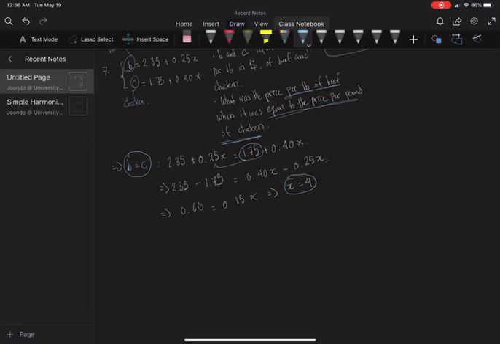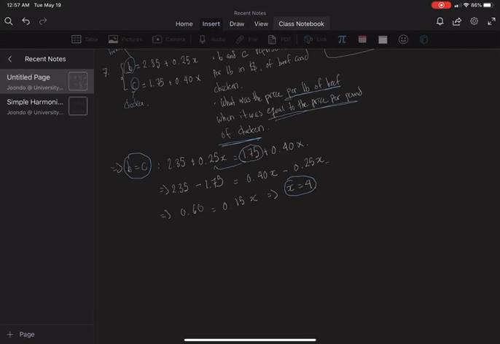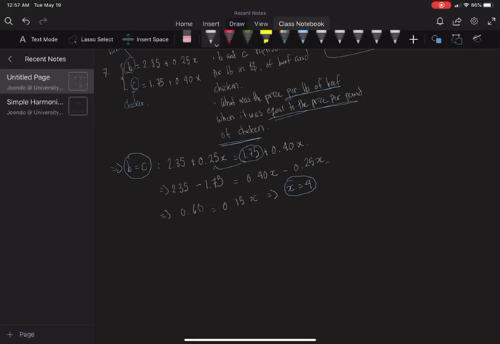Now what do we have to find? We have to find the price of beef. If x equals 4, what is the price of beef? Suppose b of x is a linear function, 2.35 plus 0.25x.